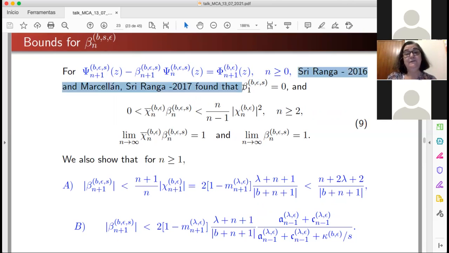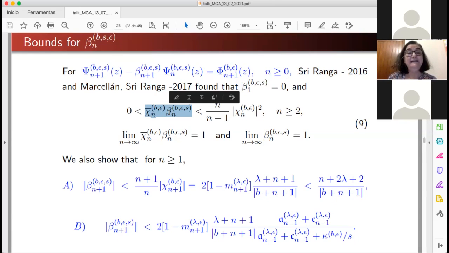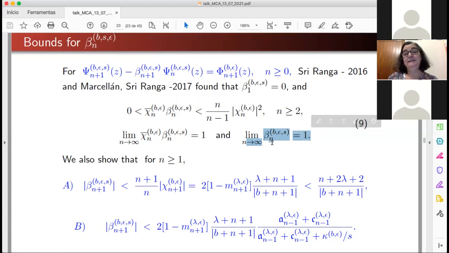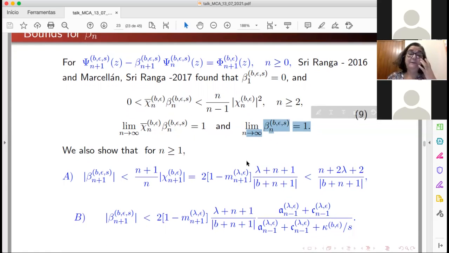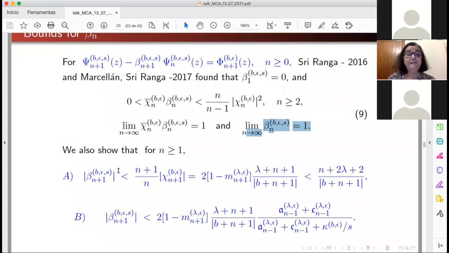In the papers I mentioned before, from Ranga and from Paco and Ranga, they also had this bound for chi and beta. And they also proved that when n goes to infinity, beta goes to 1. But we managed to improve a little bit, and we managed to get some bound for beta n plus 1 using the minimal parameter sequence.